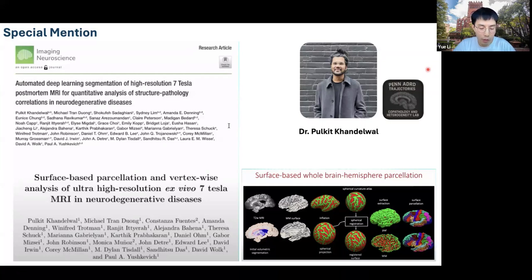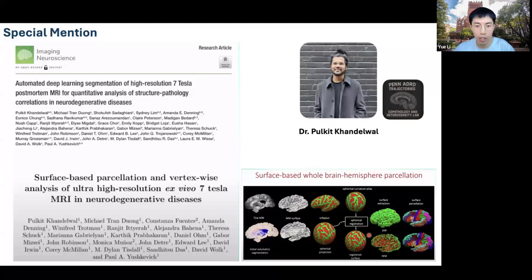As for the geometric feature, if we are using the traditional method like spherical parcellation, spherical registration, they were already used inside of this pipeline, like what we see here.